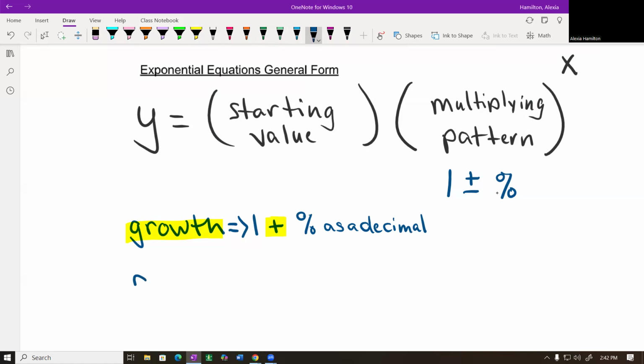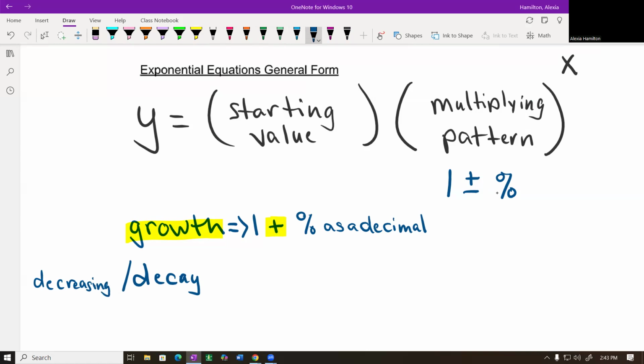which would mean that if it's a decay function, like we normally say exponential decay, like if your population is decreasing or declining, those are all decay. The numbers are getting smaller.